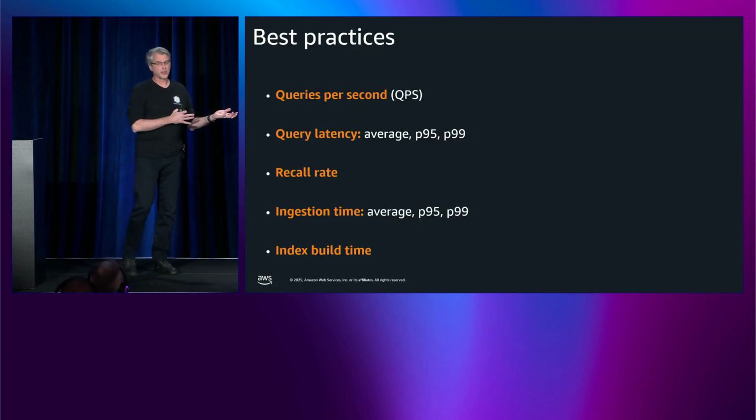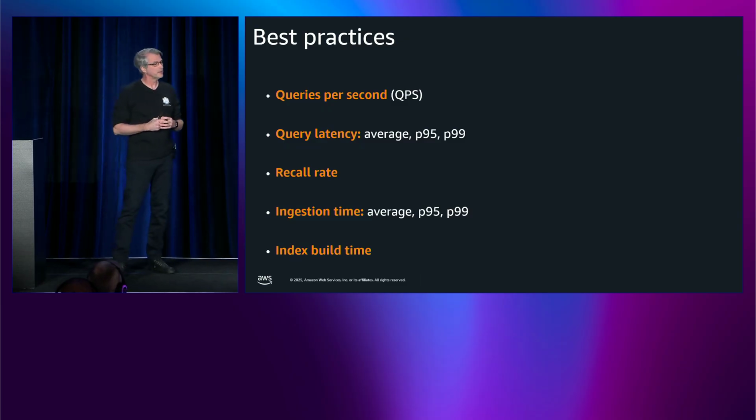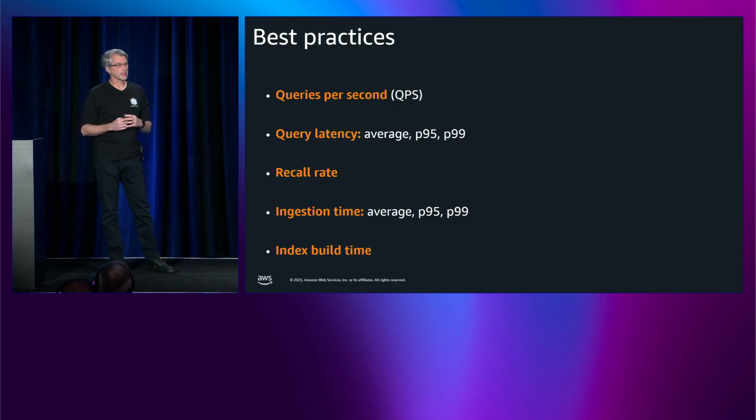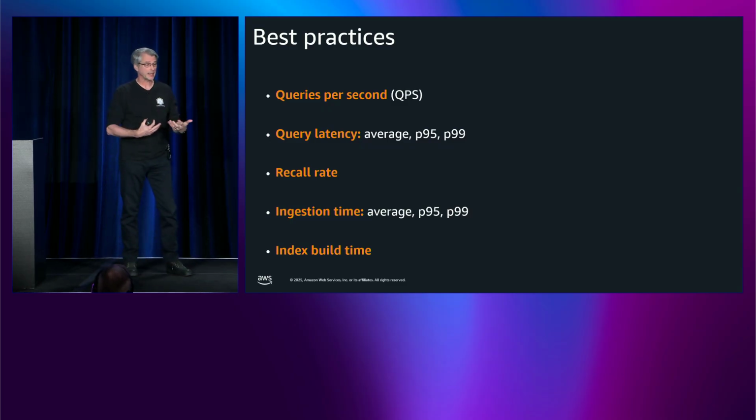Again, vector index is probably not the way to go. Do you need maybe 90% recall rate, or is 50% good enough? Again, depending on the answers to those, it's going to influence which vector index you use, IVF flat or HNSW. Ingestion time. All right, again, IVF flat, the index builds are really fast on existing data.